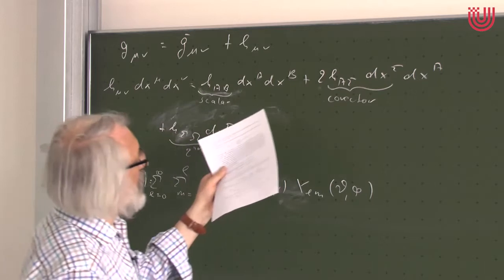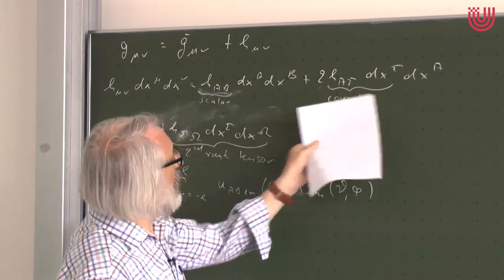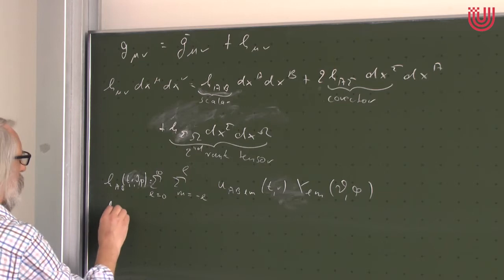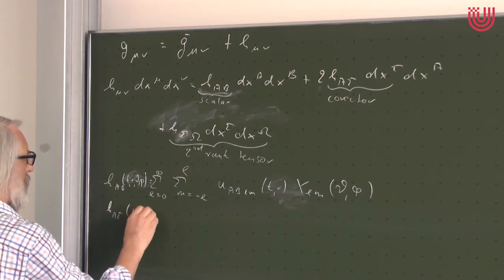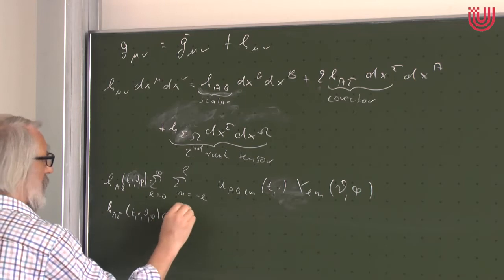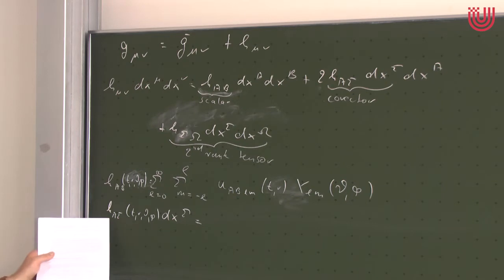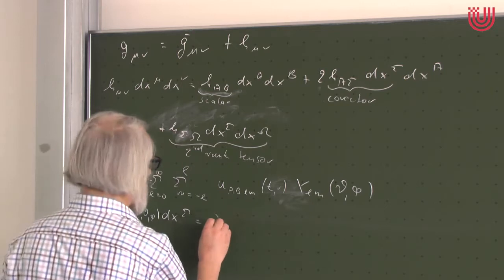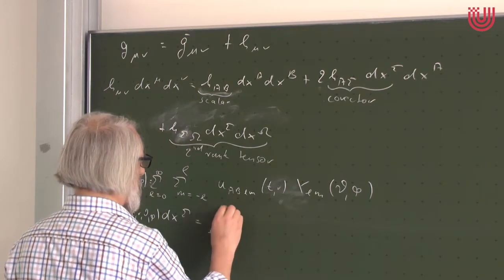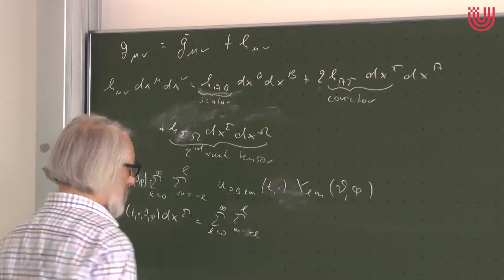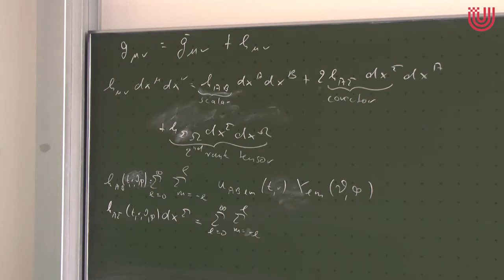What was a little bit more advanced was the expansion of the covector and the tensor part. So we have written the H_A sigma dx sigma, a covector field on the sphere, for the values a equal t and a equal r. So these are two functions on the sphere. The sum runs over l equals 0 to infinity, m equals minus l to l. I've denoted the coefficients v hat and v.